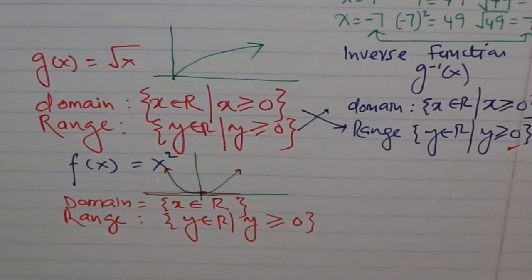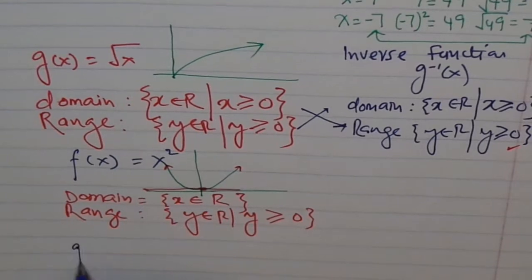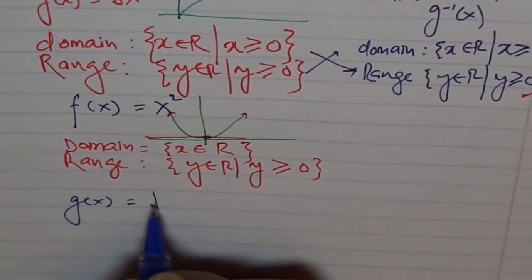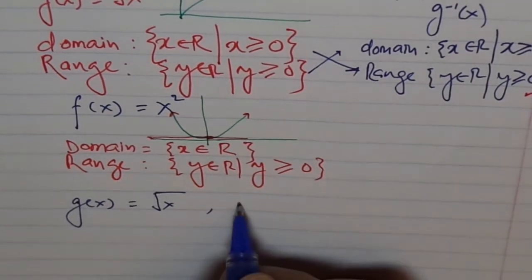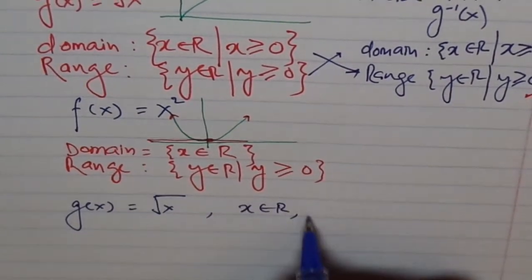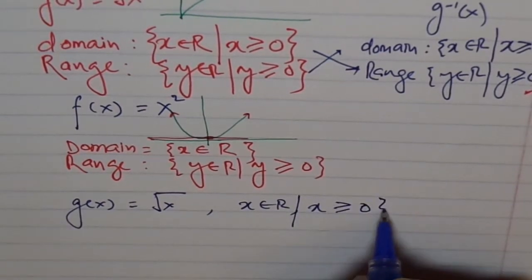So there's another thought of mine. When you are given the function g(x) equals square root of x, then what should you say? You should say here x belongs to real numbers where x is greater than or equal to 0.